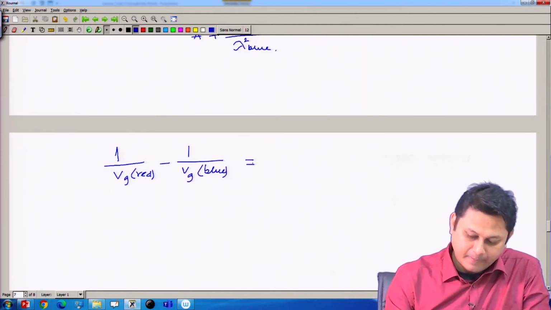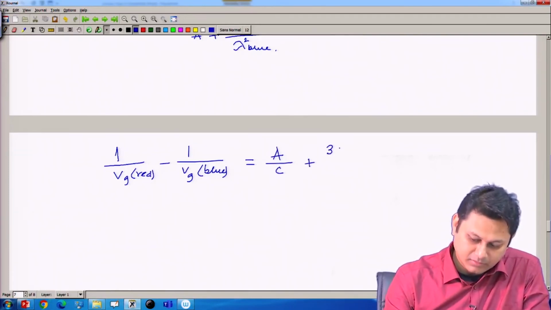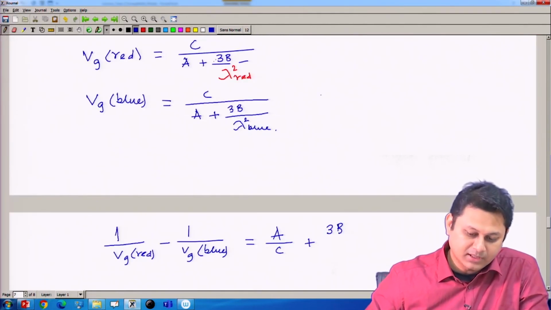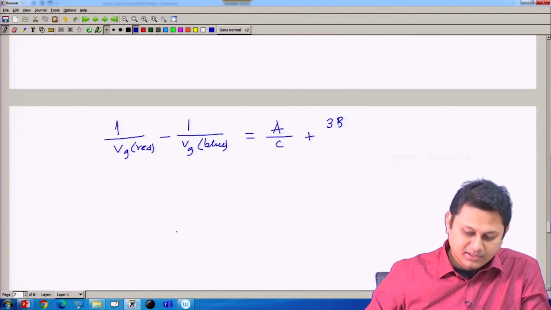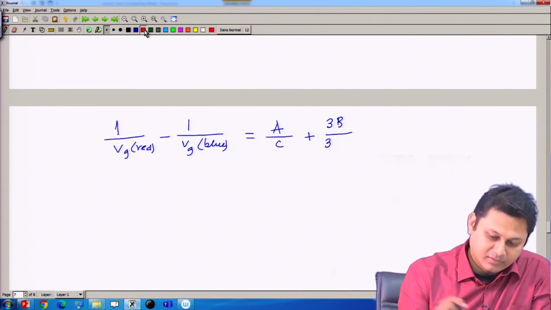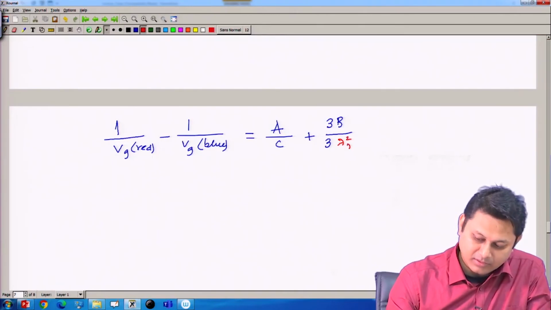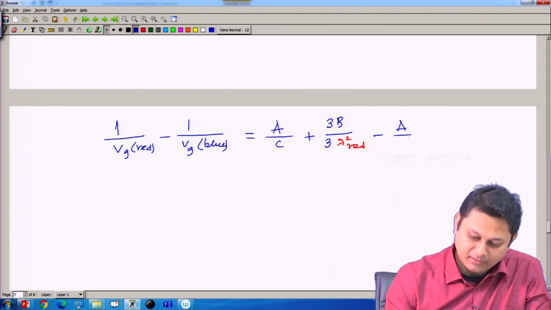then it should be A divided by C plus 3B divided by C times lambda red squared, minus A by C minus 3B divided by C times lambda blue squared, making the reciprocal.